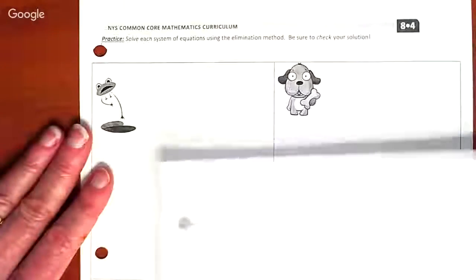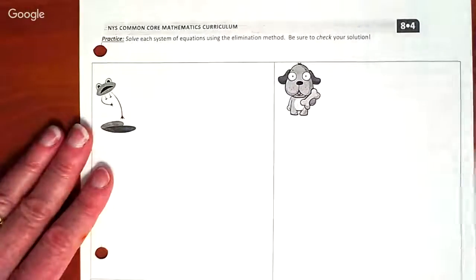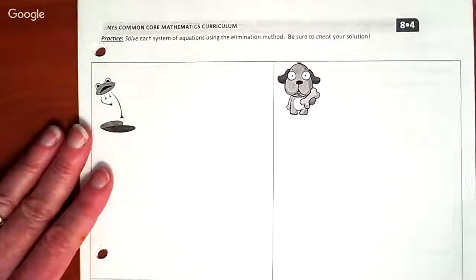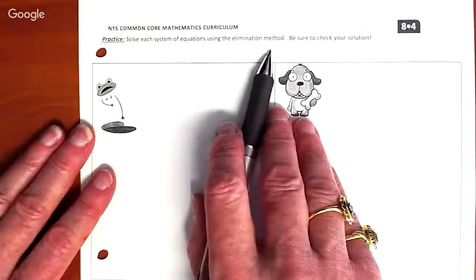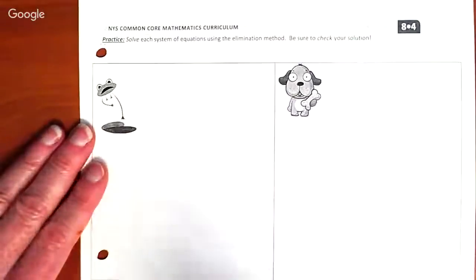The next thing that we are going to do is work on these in class. We're going to solve each system of equations using the elimination method. Be sure to check your solutions.